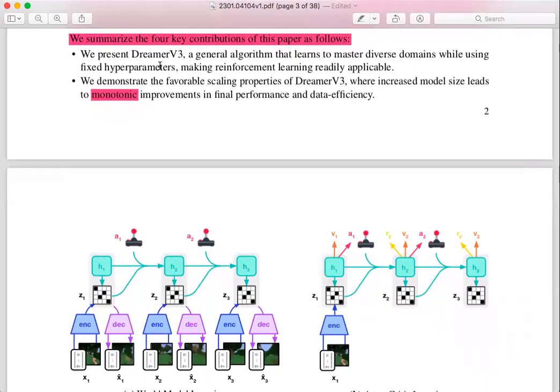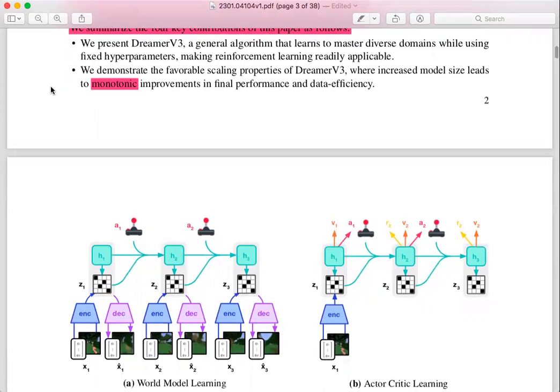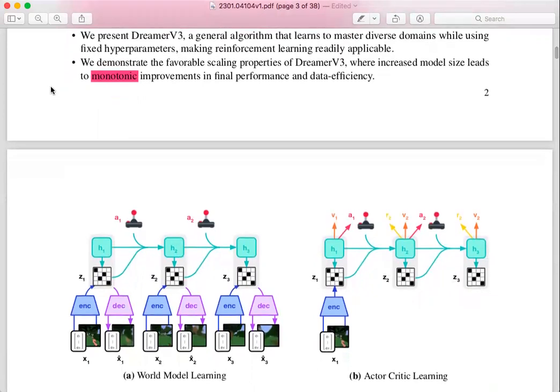So here are the 4 key contributions. DreamerV3, while using fixed hyperparameters. I don't really know what fixed hyperparameters means. Sounds like a meta parameter. Okay, monotonic improvement. I had to look that up.